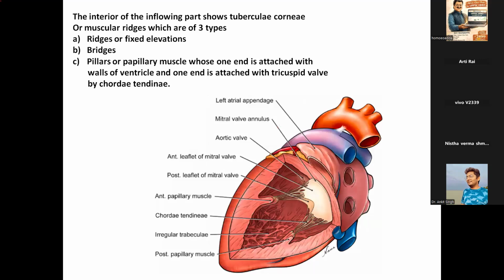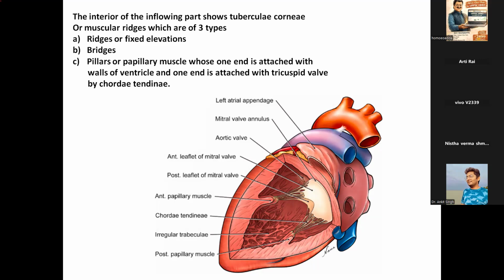Now this is very important. The internal features of the inflowing part, or the muscular ridges, are of three types. What you need to remember is that ridges, bridges, and papillary muscles are a part of the ventricle.